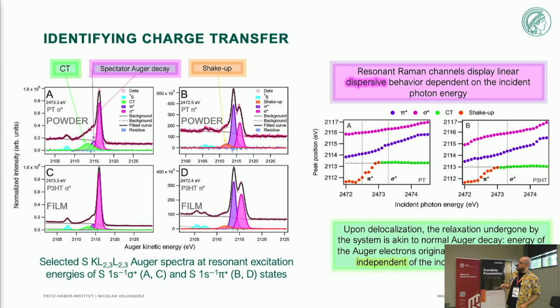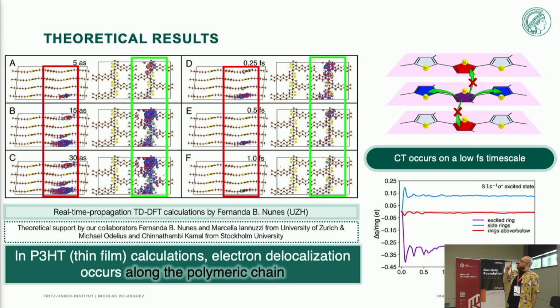But if you still do not believe me, which I hope you do, we collaborated with smart people from Switzerland, Marcella Iannuzzi and Fernanda Nunes, and also from Sweden, Mikael Odelius and Chinatami Kamal, and they have used real-time propagation time-dependent density functional theory, which in our case allows us to have a peek at the electron density redistribution within the time window given by the core lifetime.